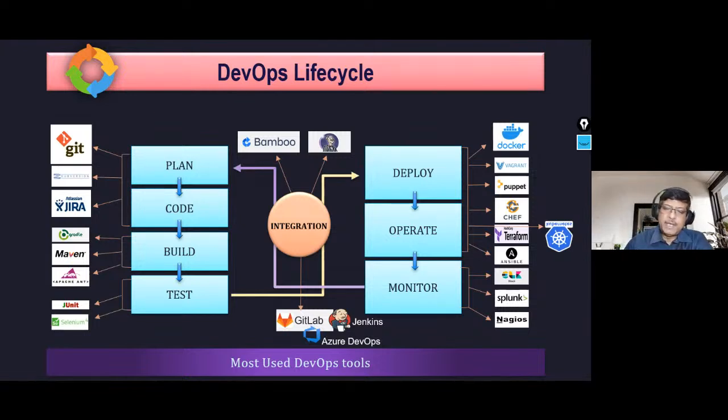Okay, and then we have the monitoring. Once we have delivered our product and deployed it over production, then there come the monitoring tools, because we have to be vigilant 24/7 on how your product works in the production environment. That is the challenge, and that is where many products fail.